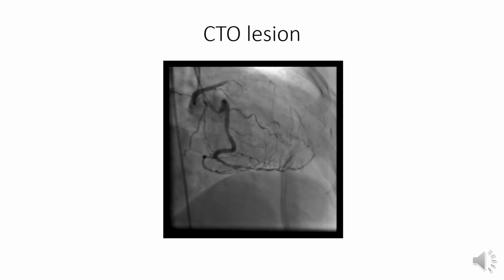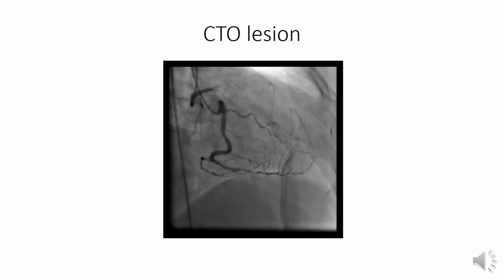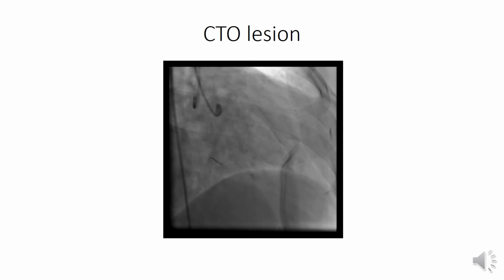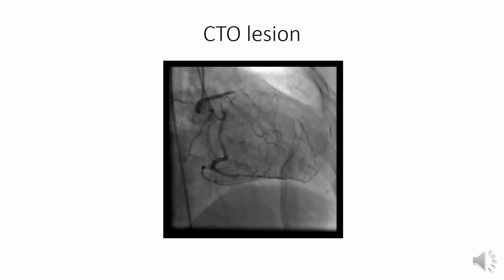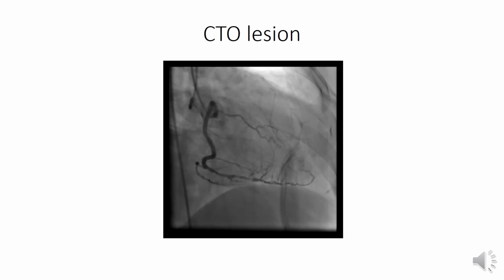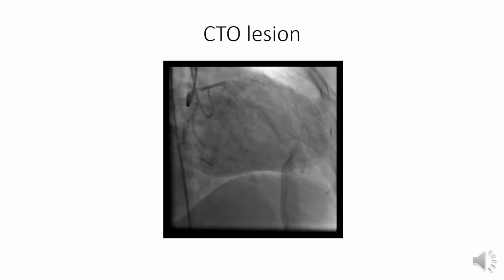This view shows injection firstly on the donor vessel, or the RCA, that gives retrograde septal branches to the distal segment of the LAD. Then we inject dye on the culprit vessel, or the CTO vessel, so we have appreciation of the length of the totally occluded segment, just to be familiar if we see such a picture.